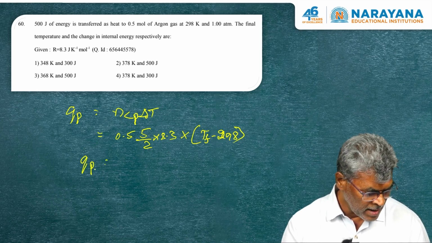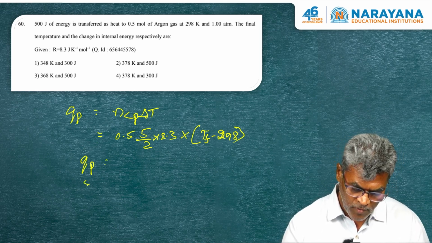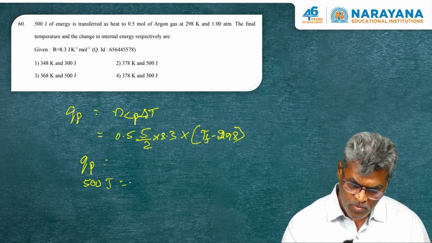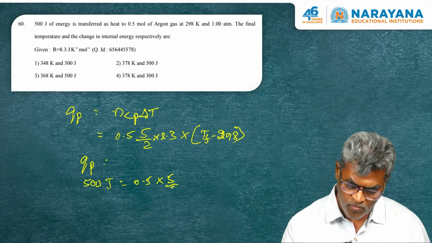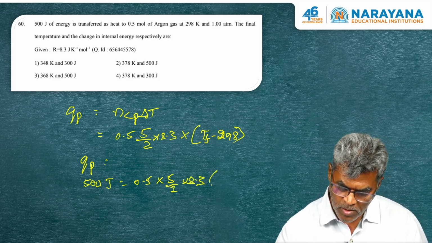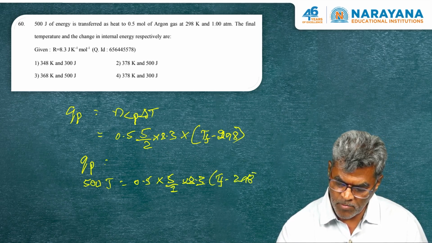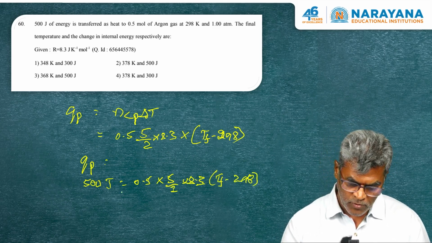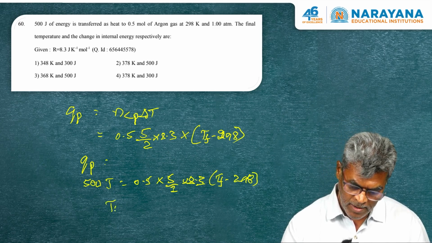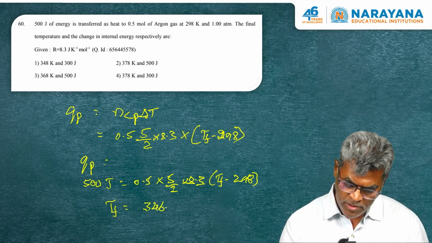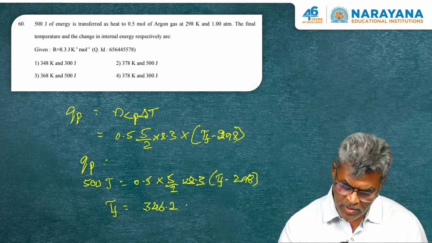Qp is already given as 500 joules, equal to 0.5 into 5 by 2 into 8.3 into (TF minus 298). If you calculate everything, T final comes around 346.2 Kelvin.